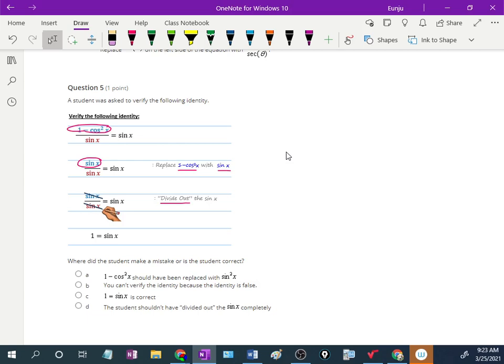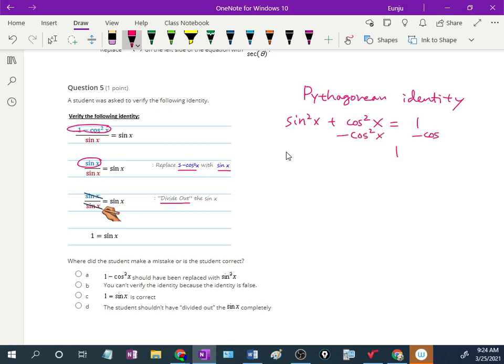Okay, let's start with the checking, okay? Sine squared of x plus cosine squared of x equals to 1. That is Pythagorean identity. So let's try to leave 1 minus cosine. So I'm subtracting cosine squared of x, okay, from both sides.